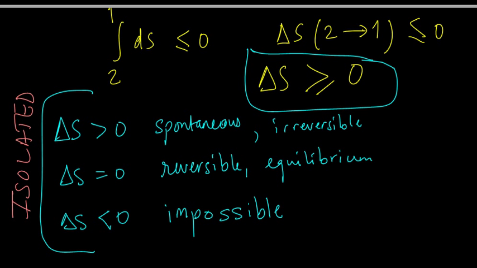Intensivization by dividing by temperature. So at a particular temperature, how much heat are you taking out? If I just say I'm taking up so much amount of heat, it doesn't make a difference.